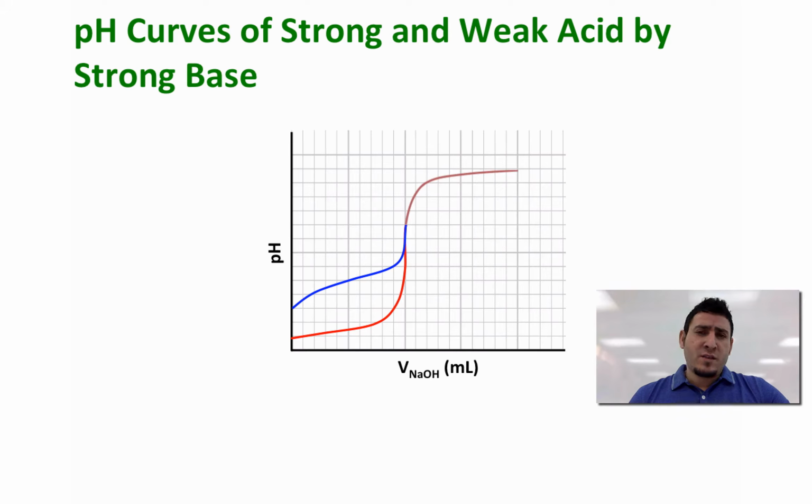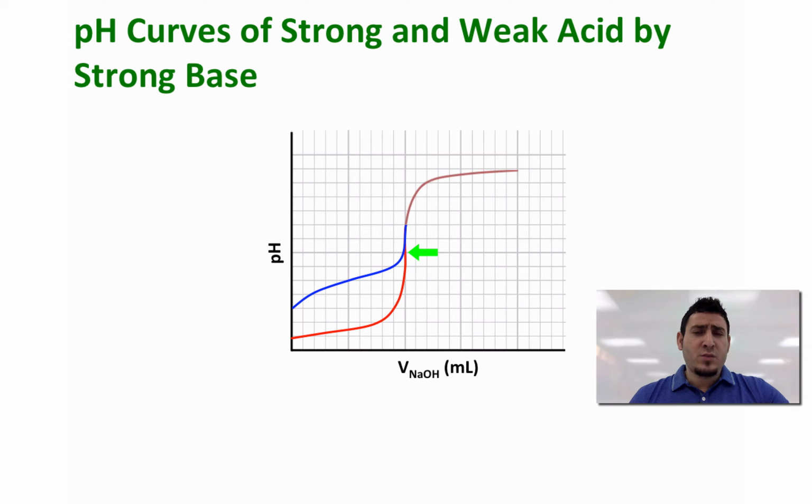The second difference is that we can see that the pH changes slightly in the case of strong acid. However, we can see that there is a rapid increase at the beginning of the blue curve, which is the weak acid strong base titration. A third difference is that the equivalence point of a strong acid strong base titration is at pH equal to 7.